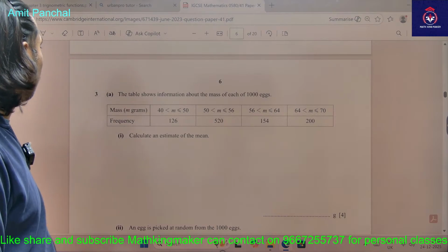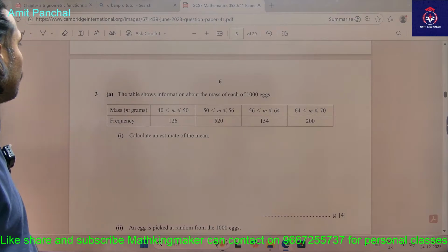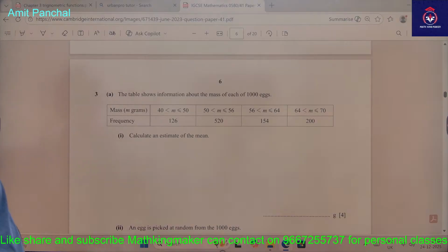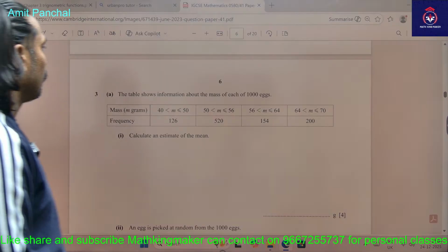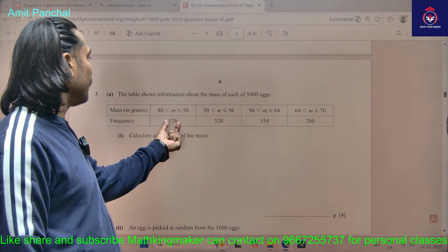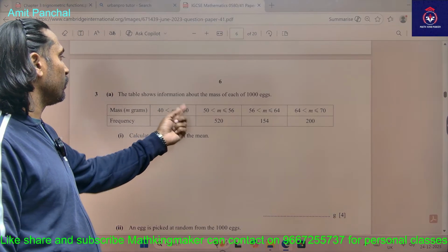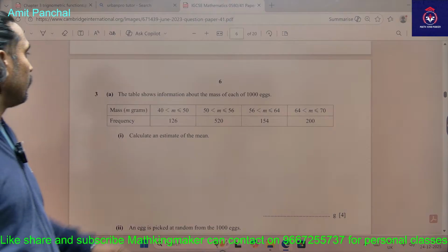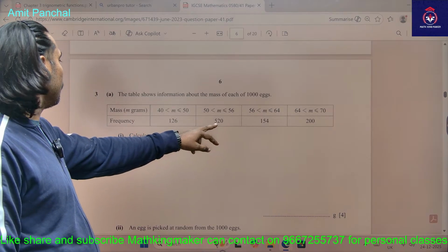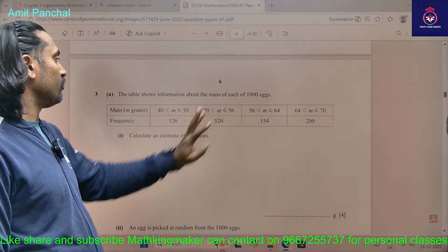Okay. So the table shows information about the mass of each of 1000 eggs. For 120 eggs, the mass is from 40 to 50 grams. And for 520 eggs, 50 to 56.